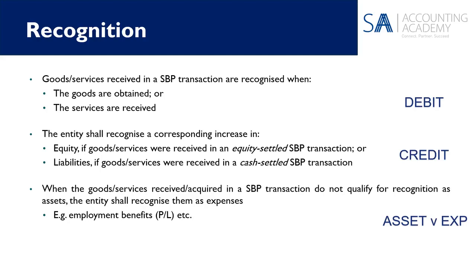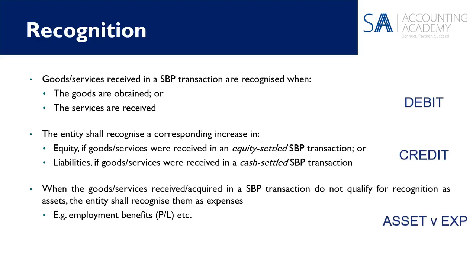The reason I'm pointing this out is that we might have to think of our concepts of assets versus expenses on the debit side. And it's not always so clear-cut as employee benefits, because your employees are not always involved in the share-based payment transaction.